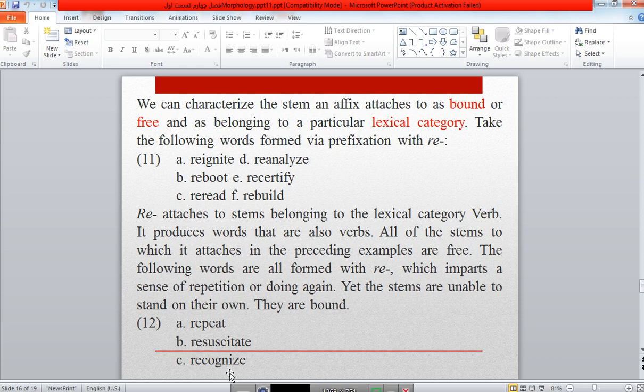For example, if we omit the re part, the prefix part, what remains is pit, and this pit is not a stem, so it's a kind of bound stem, or suscitate, or cognize. You see here, so these are bound stems.